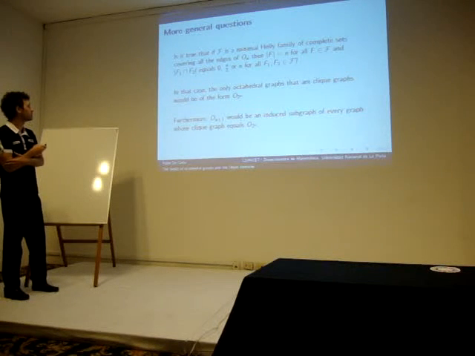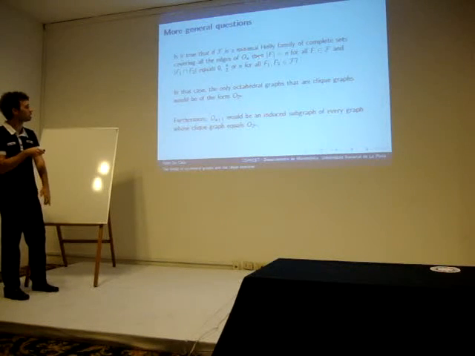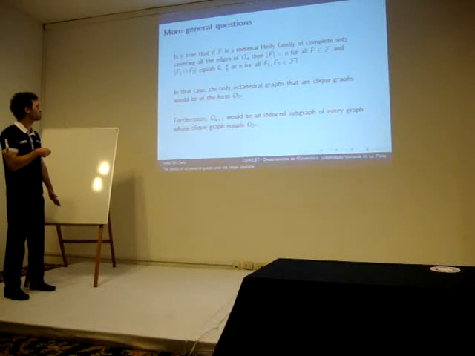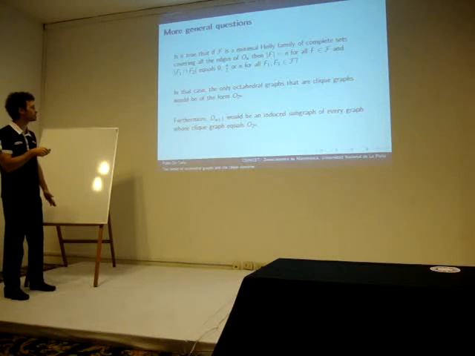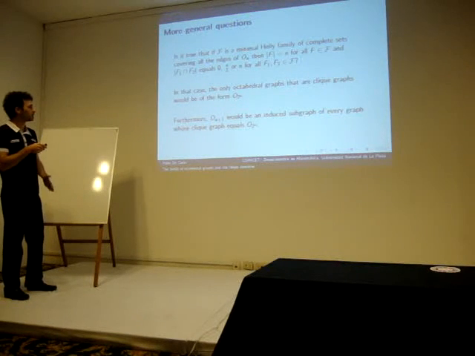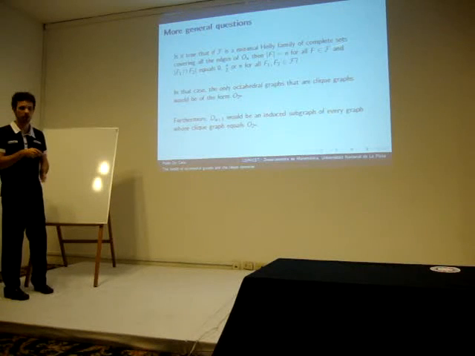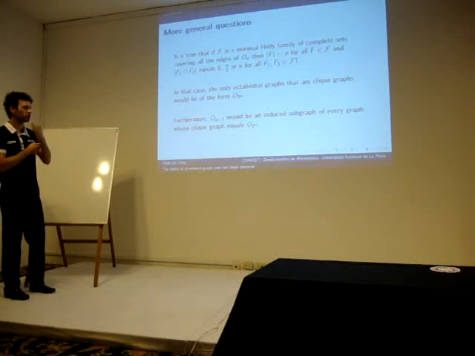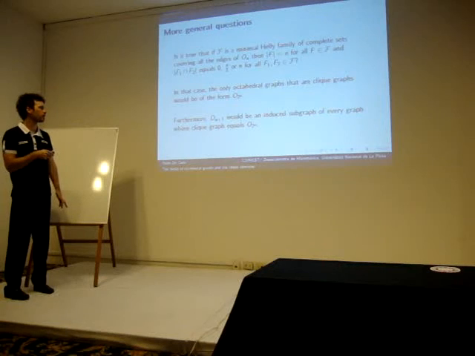Well, the question is: is it true that if F is a minimal family of complete sets covering all the edges of O sub n, then the cardinality of each member of F equals n, and the intersection of every 2 members equals 0, half of n, or n? If that were true, there is an argument that would allow us to prove that the graphs of these 4 are the only octahedral graphs that are clique graphs.